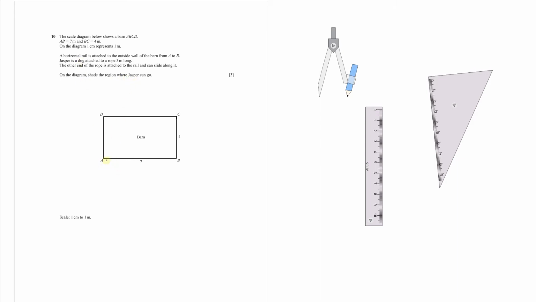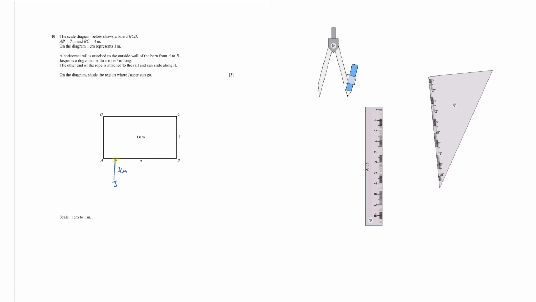So the rope is attached to the rail that is installed on the outside wall between points A and B. So let's suppose it's attached at this point here. And then that means if this is 3 centimeters, since 1 centimeter represents 1 meter. So if this is 3 centimeters and let's call Jasper J, and Jasper is attached to this rope.